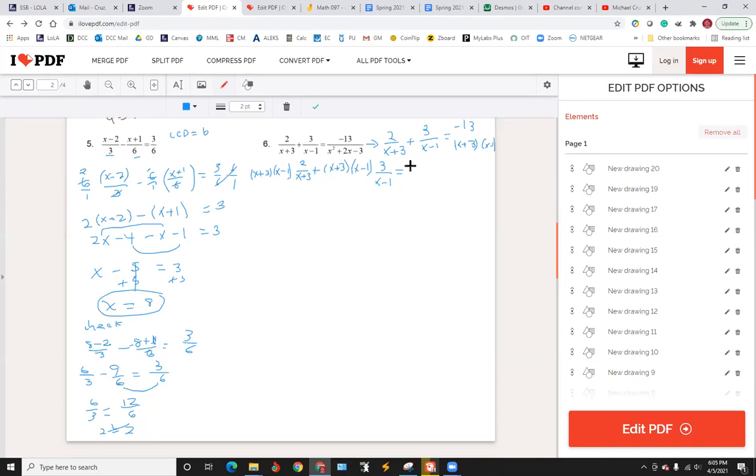And then x plus 3, and then this is negative 13 over x plus 3, x minus 1.